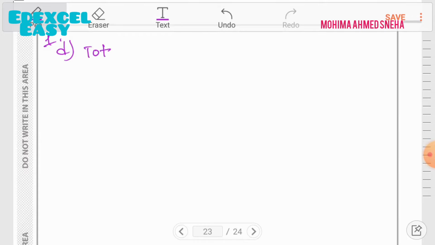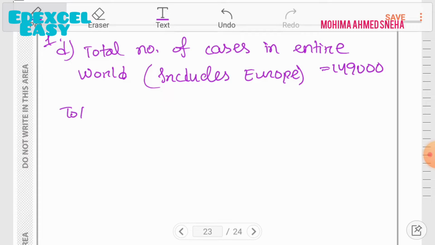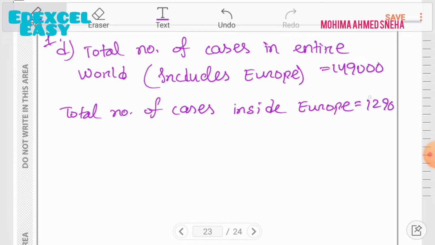The total number of cases in the entire world, and this includes Europe, was 149,000. Total number of cases just inside Europe was 1290.